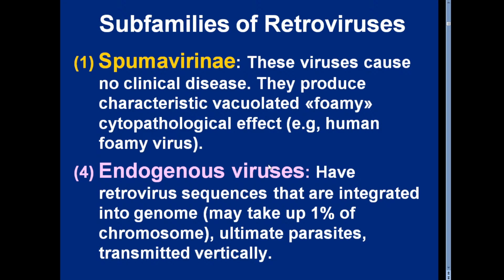It's another group of viruses which sometimes are described. The presence of this virus is about 1% of chromosomes. They are ultimate parasites transmitted vertically. Also, no diseases are registered which may be caused by these viruses.